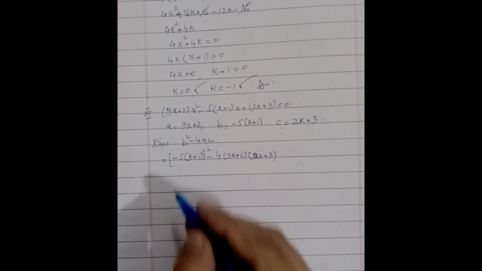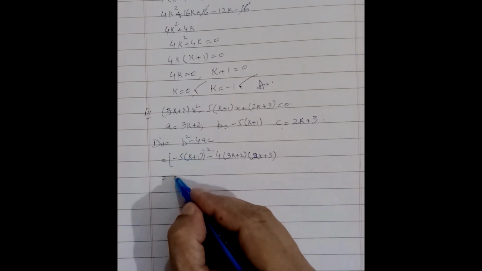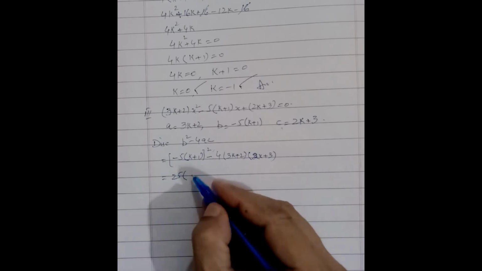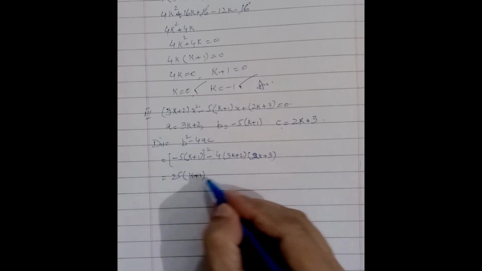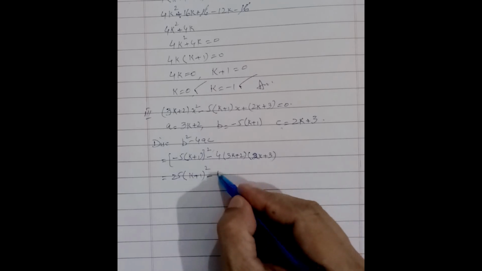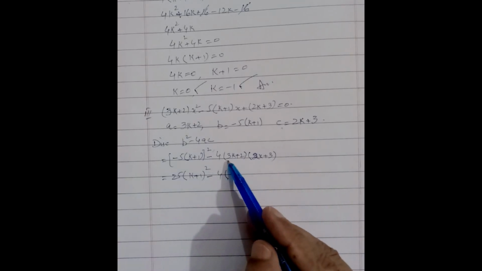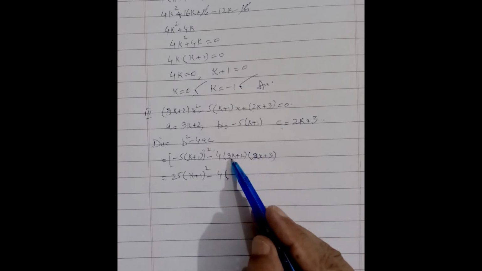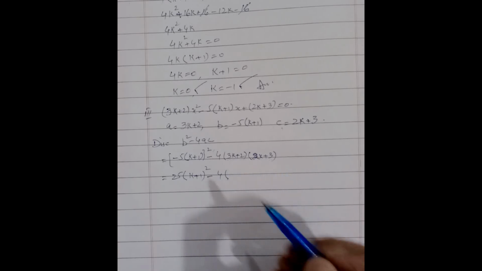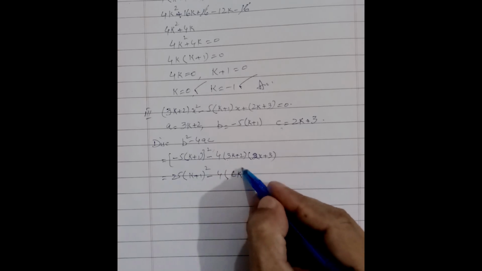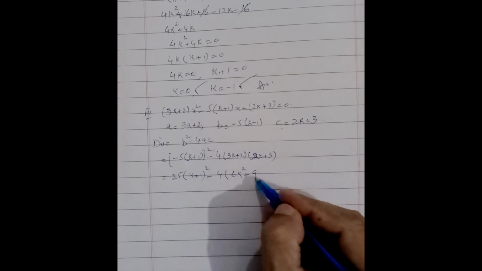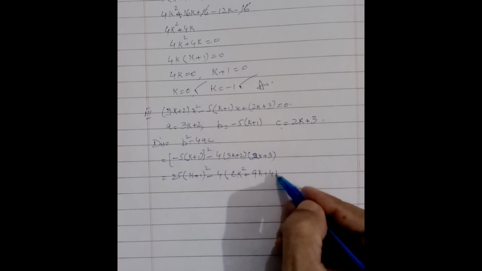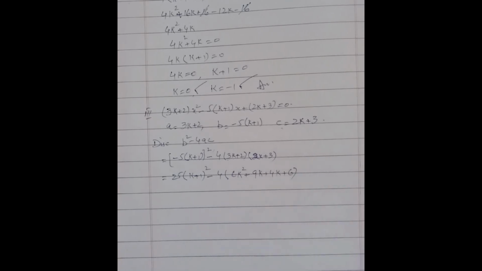Now simplify these values. We get 5 square, that is 25, bracket k plus 1 whole square minus 4. We multiply 3k plus 2 into 2k plus 3. 3k multiplied by 2k we get 6k square plus 9k plus 4k plus 6.